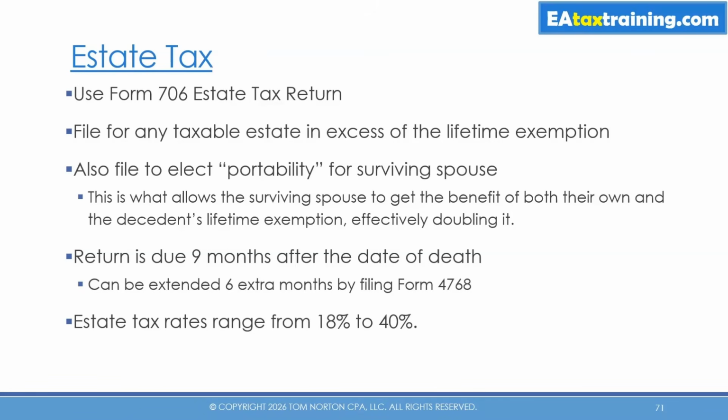So I apologize in advance if this is crass or insensitive, but I'm trying to give you an easy way to remember this. You give a gift while you are alive. So if you think about that 9, the loop on the 9 is up. It's above the ground for a gift. A 706 is for an estate tax. That is after you die.